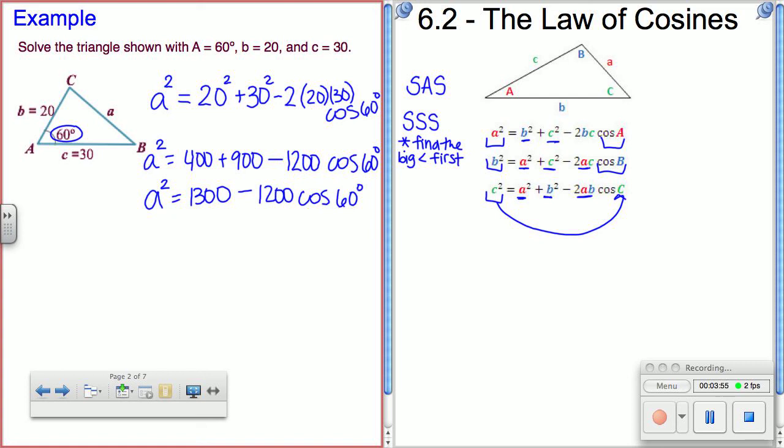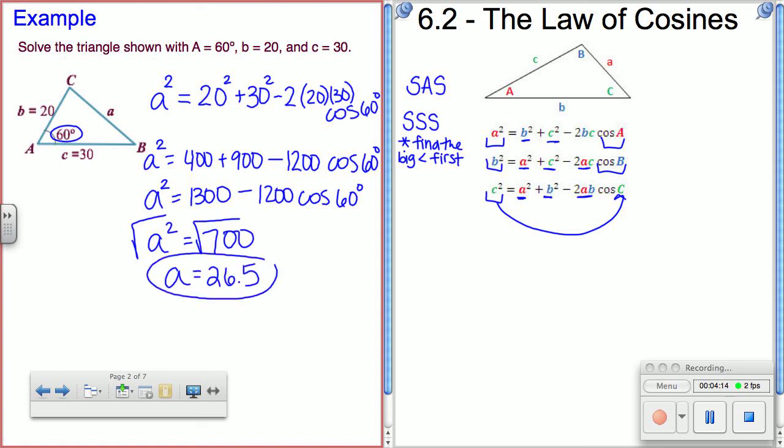I'm going to grab my calculator right now and do 1,300 minus 1,200 times the cosine of 60, and I get 700, and now I have to take the square root. So side A is going to be 26.5.